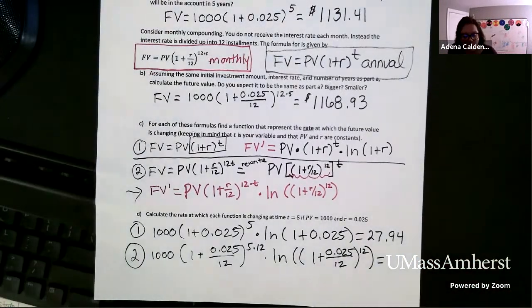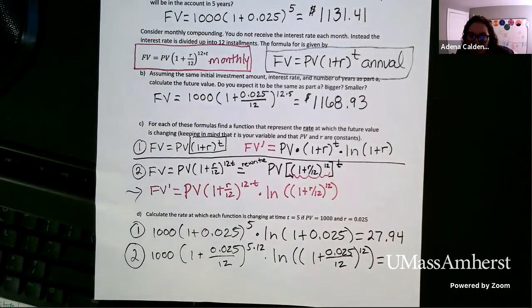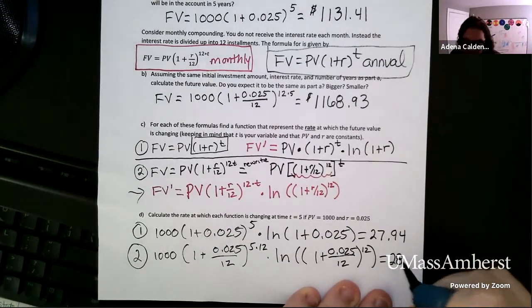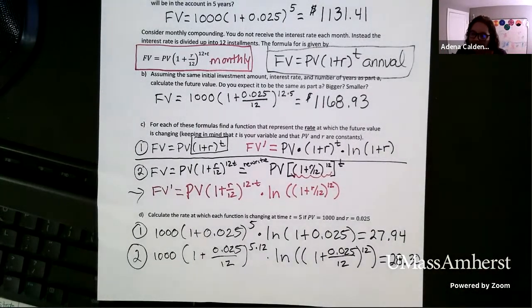This one is definitely more complicated to put into your calculator. You have to use a lot of parentheses and be really, really careful with all your powers. And when we plug everything in, we should get $28.30 when rounded to 2 decimal places.